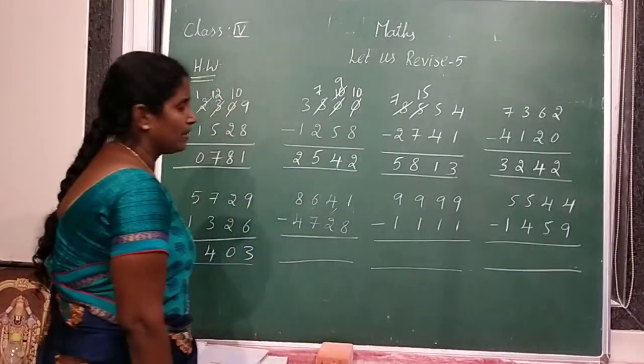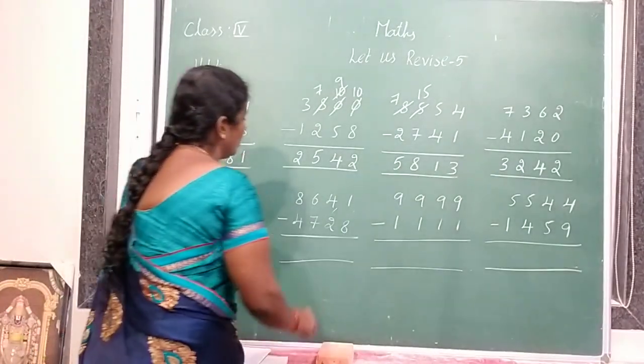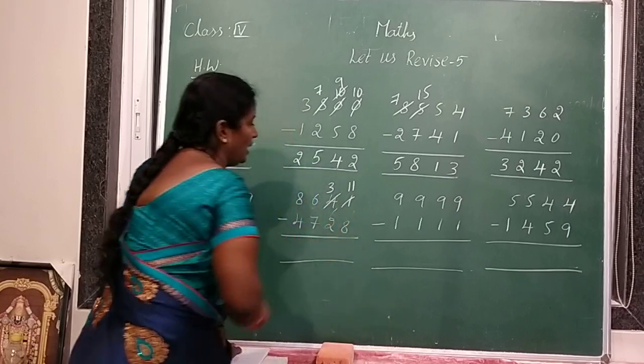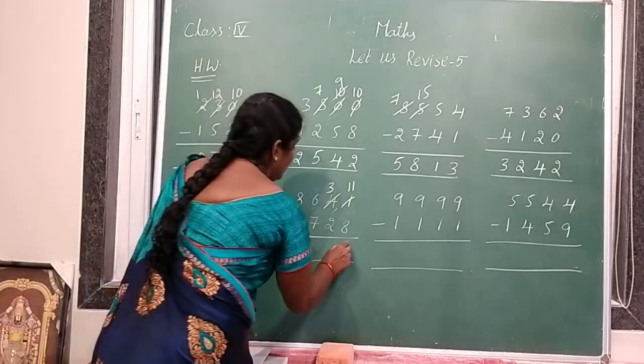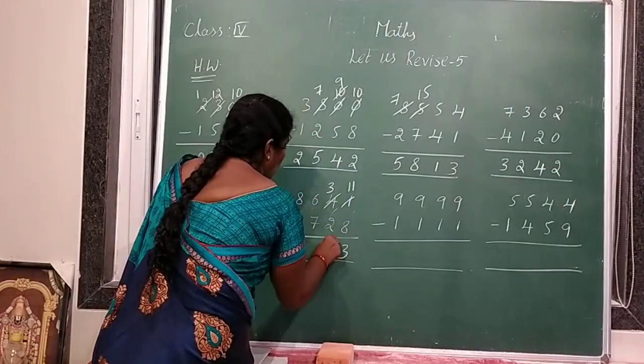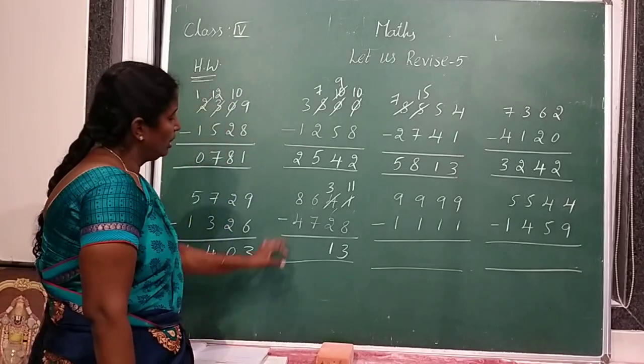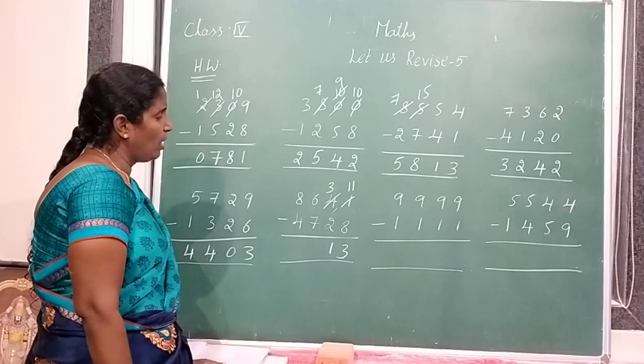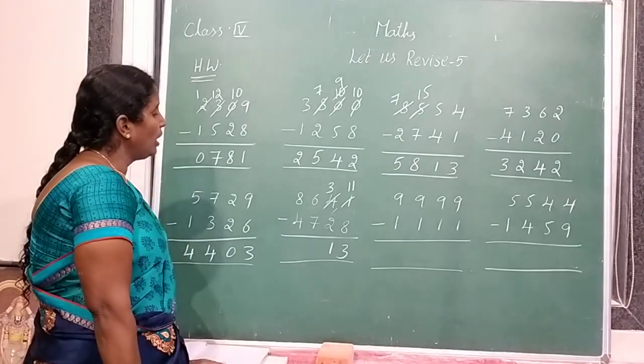1 minus 8. Not possible. So borrow from 4. 11 minus 8 is 3. 3 minus 2, 1. 6 minus 7, how much? Not possible.